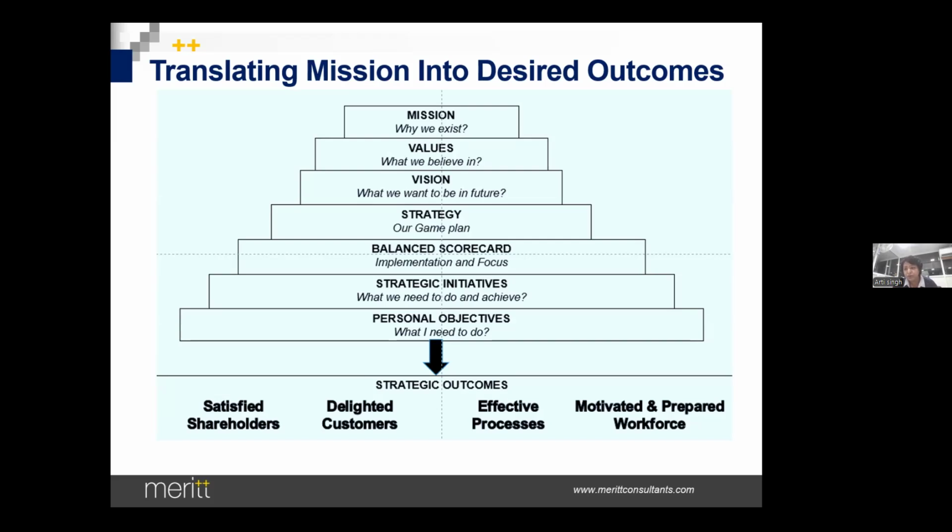Discussions with the leaders said that L&D should not have its own scorecard.